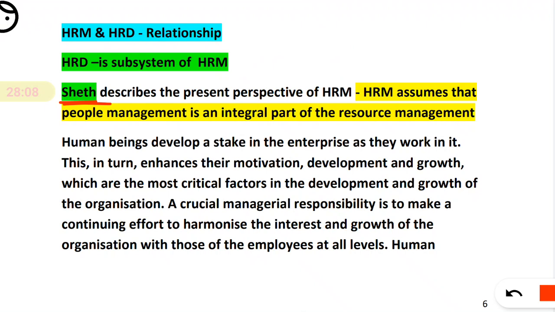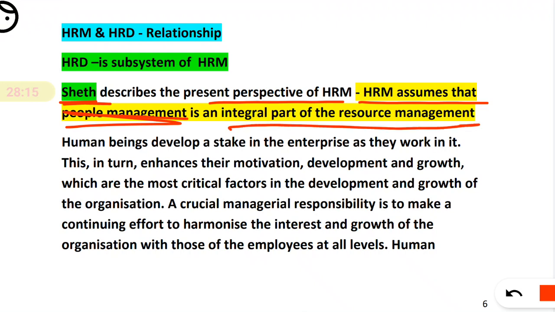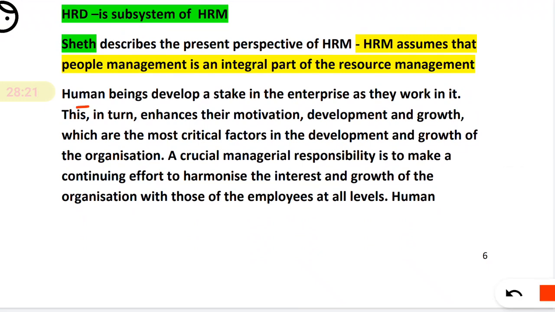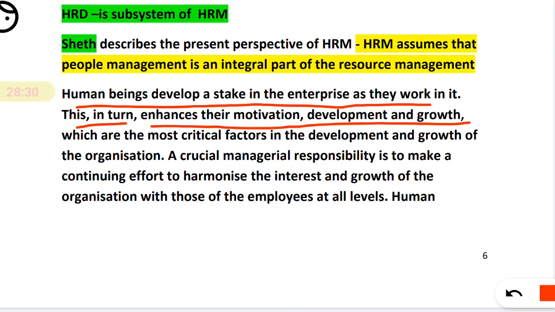Sheth described that perspective of HRM like HRM assumes that people management is an integral part of resource management. Now see the explanation further. Human beings develop a stake in enterprises as they work in it. In return, it enhances the motivation, development and growth, which are the most critical factors in the development and growth of the organization.